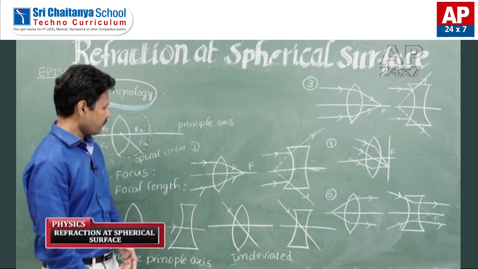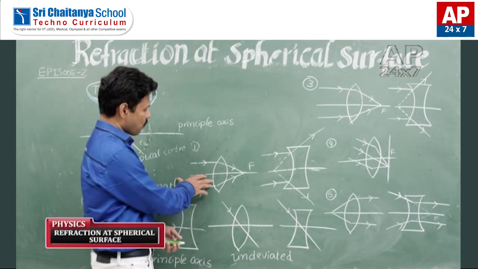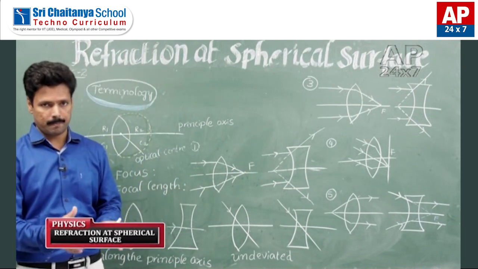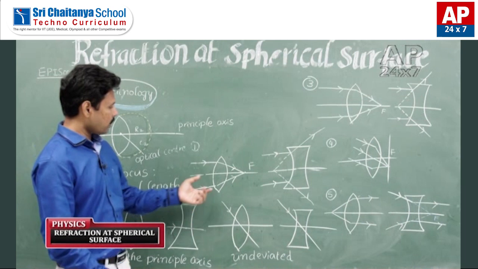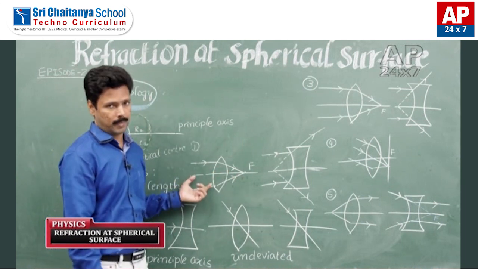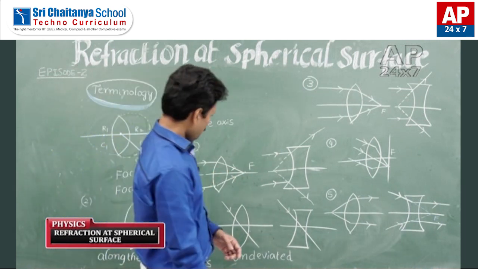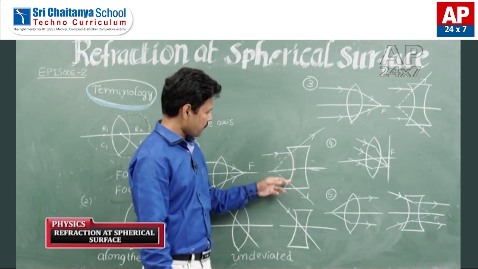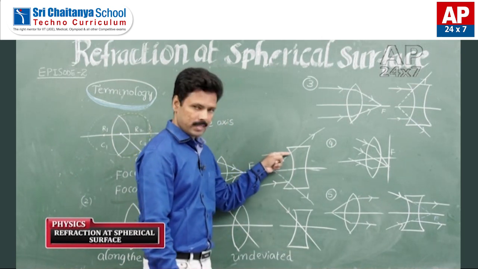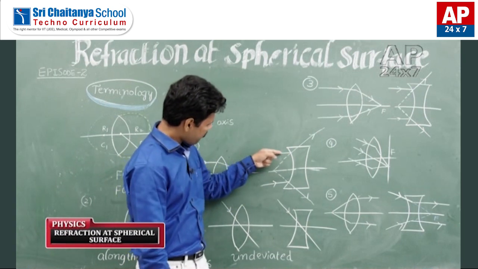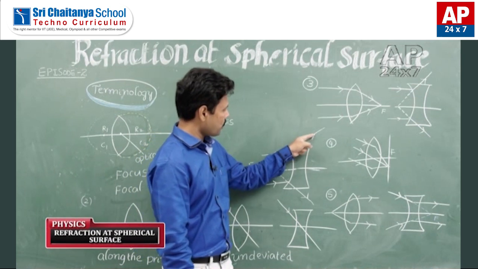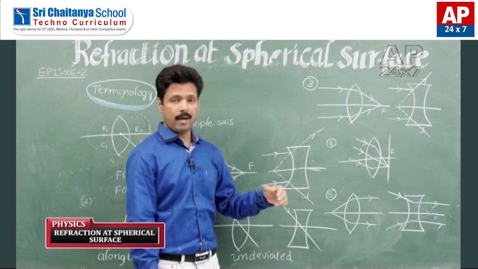In such a case, if the media on both sides are the same, then both focal lengths will be the same, right? Now see here, in the case of a concave lens, when rays are parallel, after refraction they will diverge because it is a diverging lens.